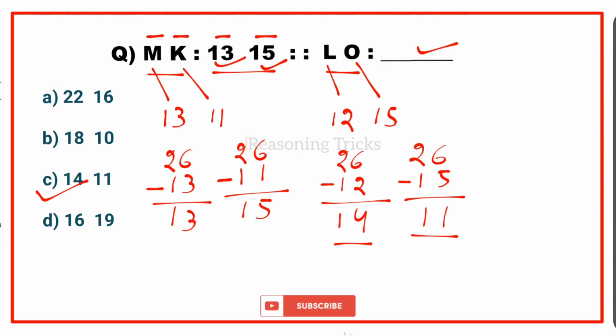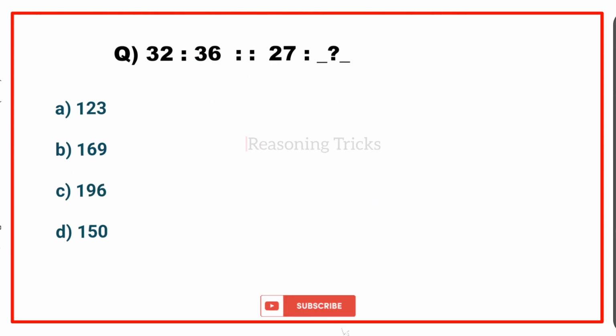Next question. 32 is to 36, then 27 is to what? Here 3 into 2 equal to 6, then square of 6 equal to 36.